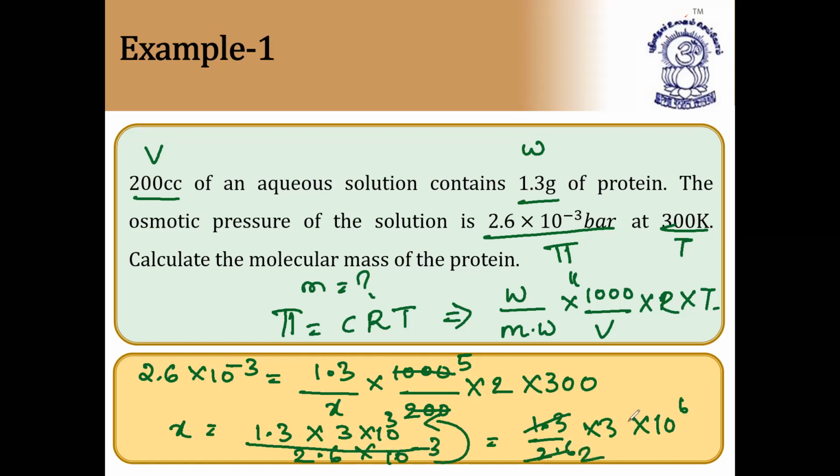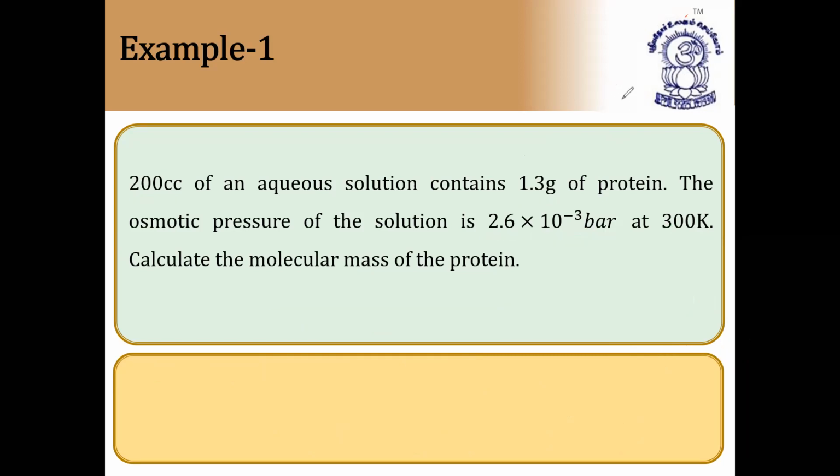So 3 by 2, that is 1.5 × 10^6. So in this way, you have to solve this question. I hope it is clear now. After multiplying all these things, you will get 62,250 as the molecular mass of protein.